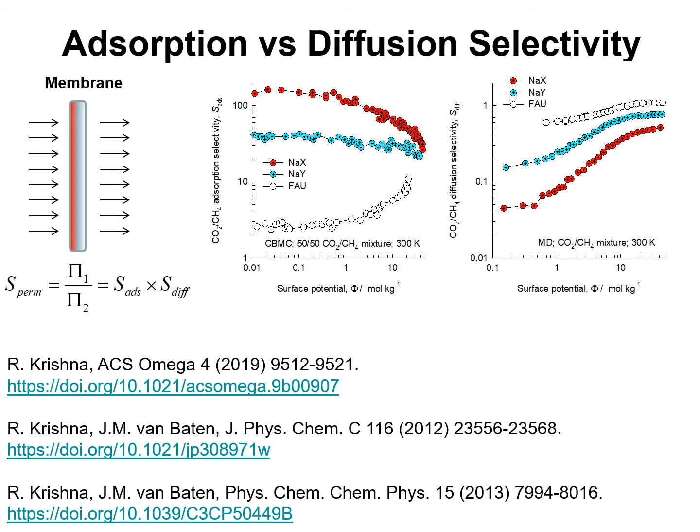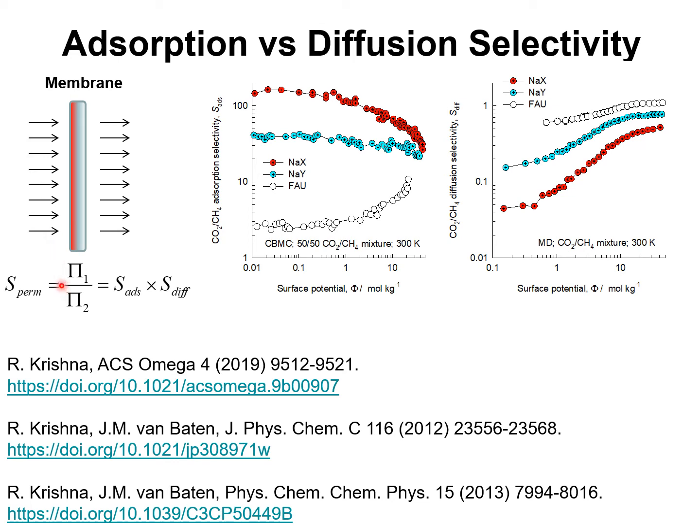Cation exchanged faujasite zeolites also find use in membrane constructs in which a thin layer, typically 50 micrometers of the zeolite, is used as a permselective device to separate gaseous mixtures.